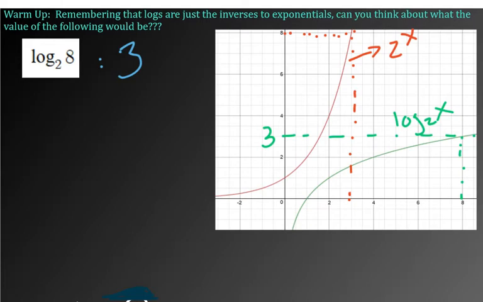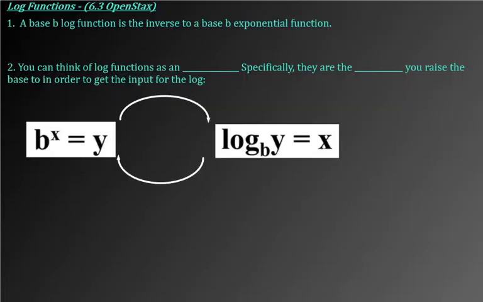And that is one thing you can use to think about how to evaluate logs. You can think of this as 2 to something is equal to 8, and the something right here is going to be the answer. What do you plug into the exponential function 2 to the x to get 8? Okay, it's 3.